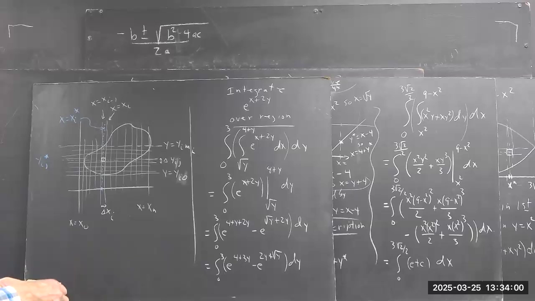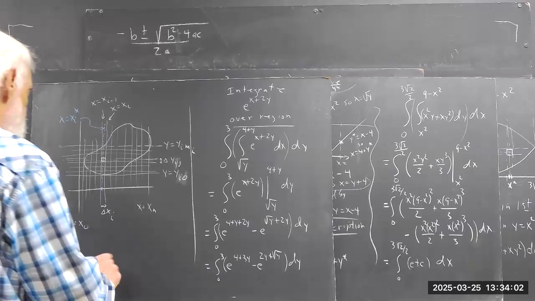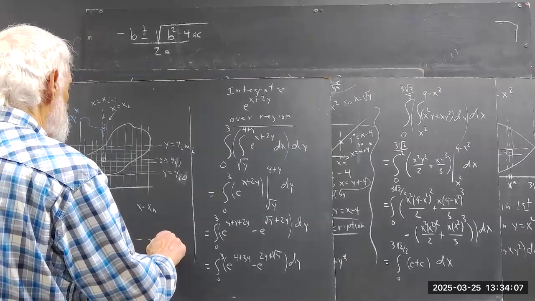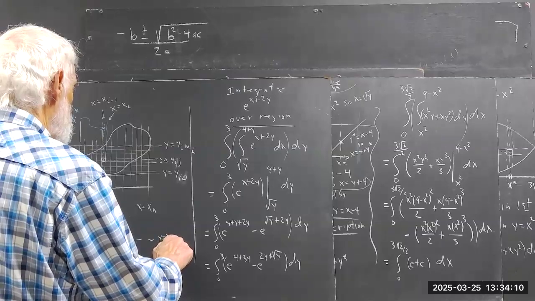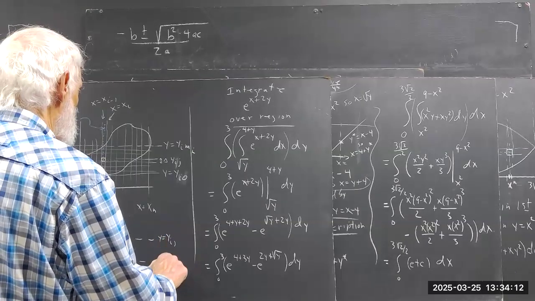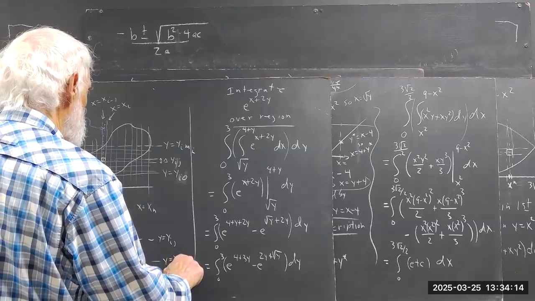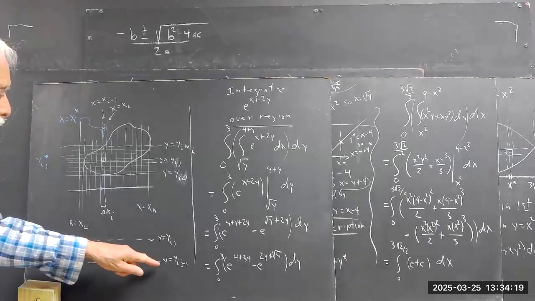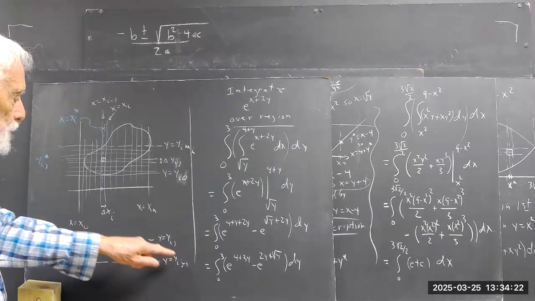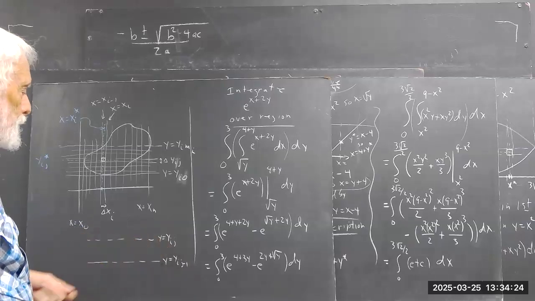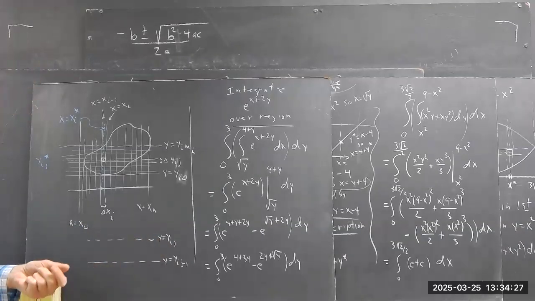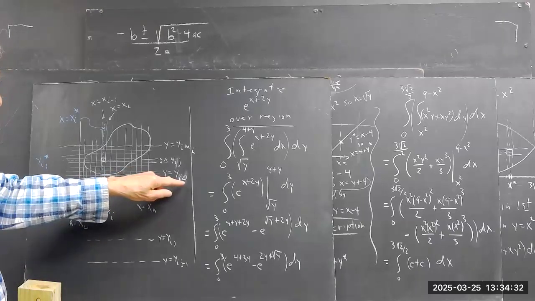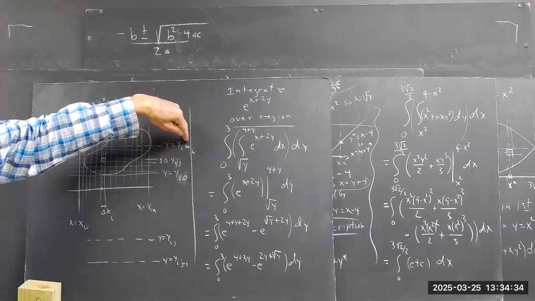Square increment, I can enlarge it. It goes between the line y equals y sub i,j minus 1 and y equals y sub ij, and j goes from 0 up to m sub i.